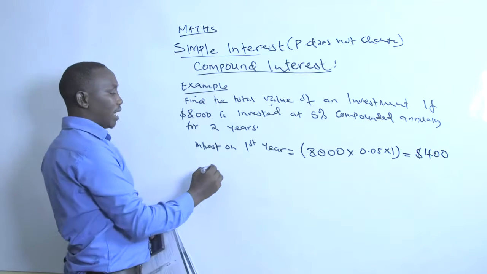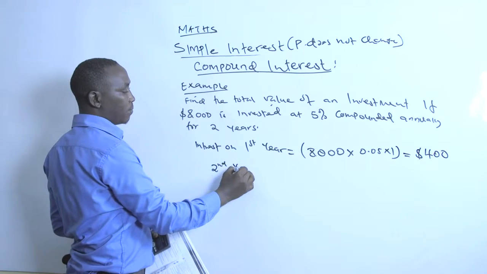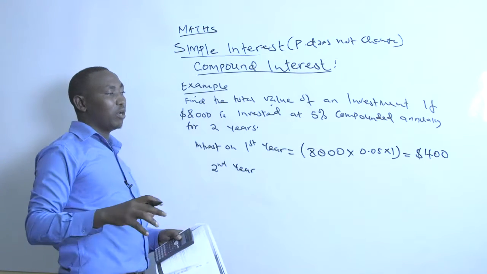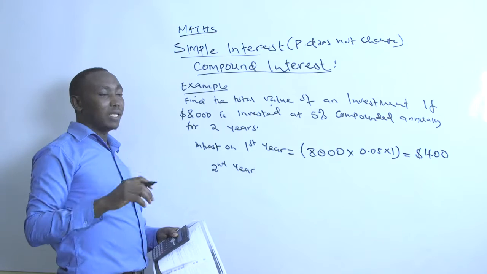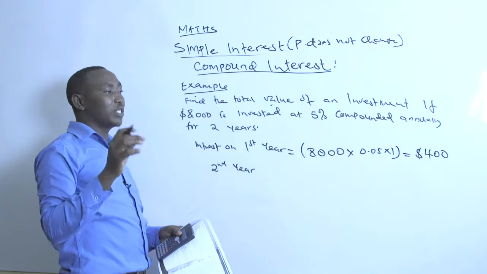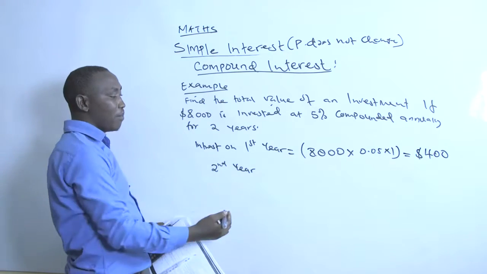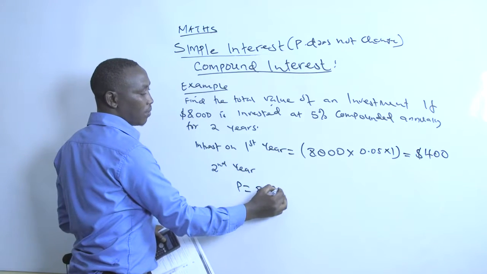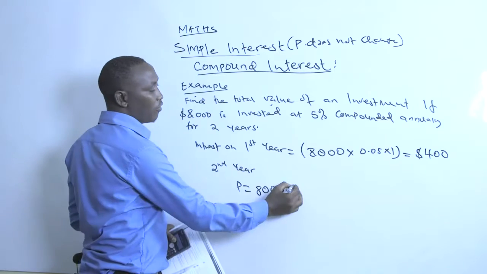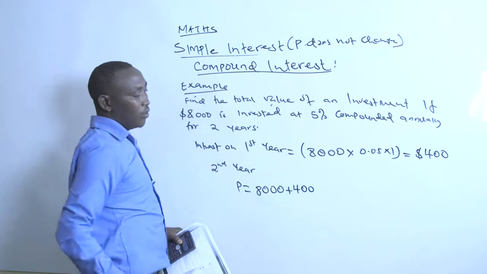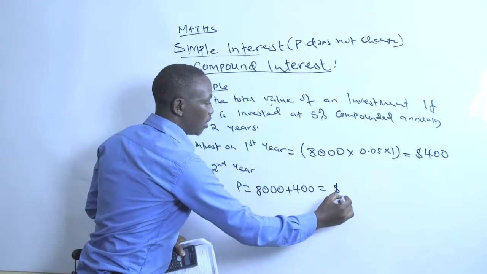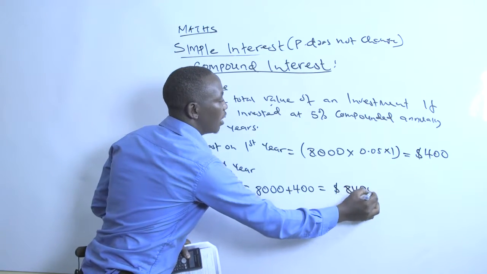Now when you go to the second year, we have said that the principal will change. So we'll have the principal of the first year plus the interest that was earned in the first year. So our principal will be 8,000 added to the 400 that was earned during the first year, giving us a total of $8,400.